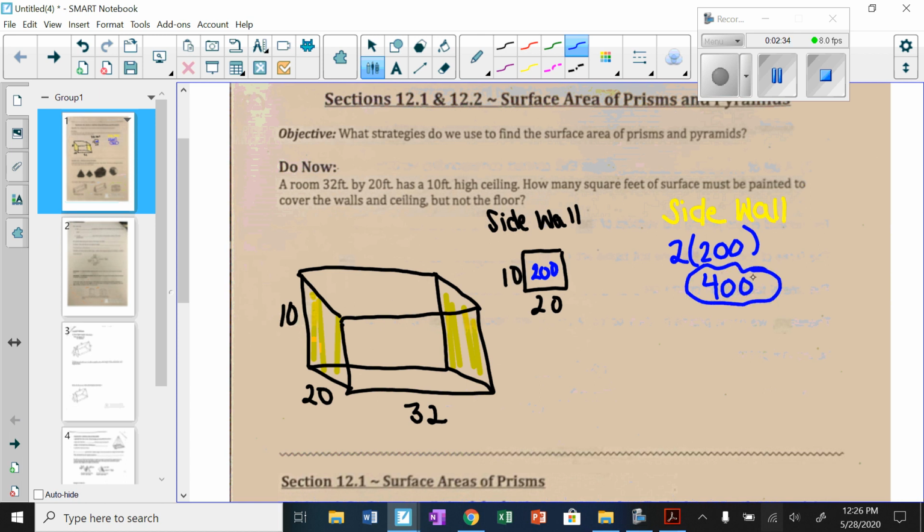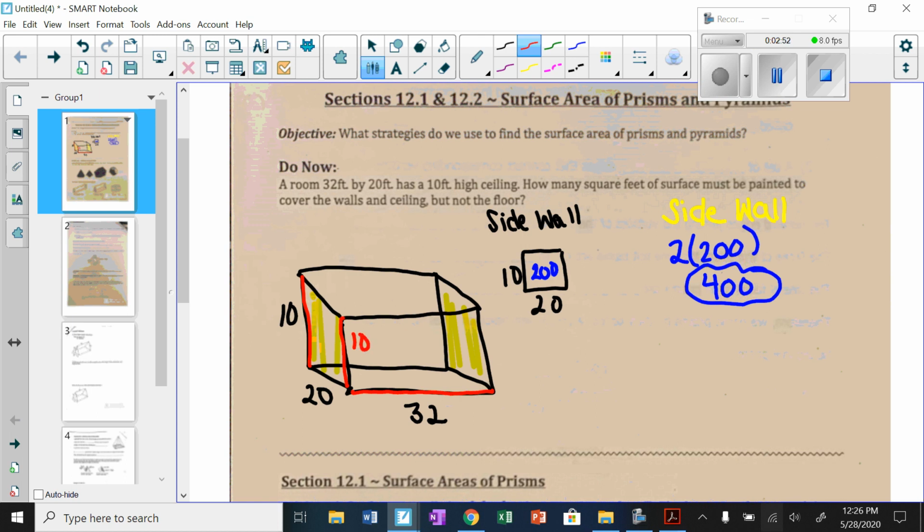Okay, now let's talk about the front and back wall. Well, we know the base of this front and back wall is 32. I need the height. Well, in a rectangle, aren't opposite sides congruent? So if that back side is 10, this front side is also 10.